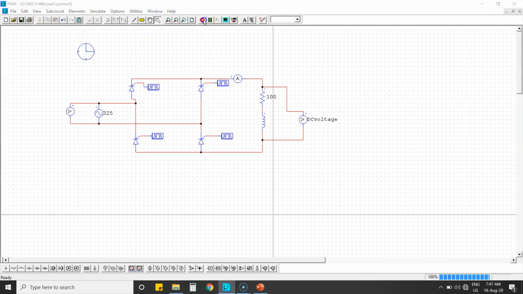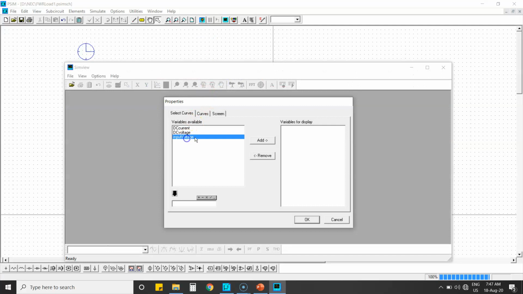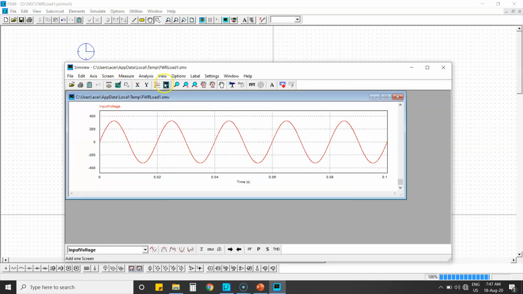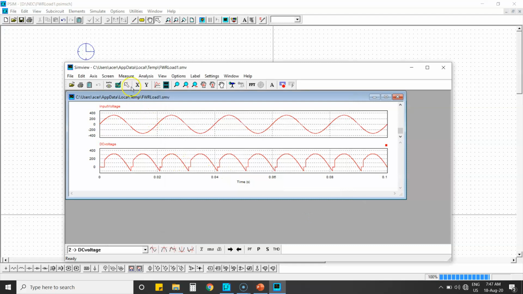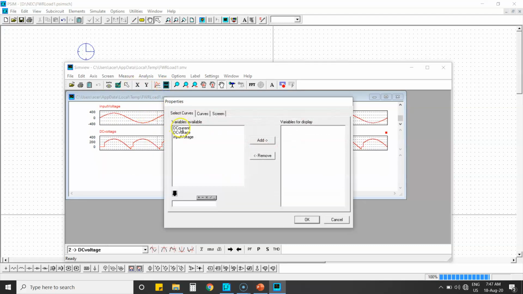run the simulation. So your input voltage, so DC voltage, then finally your DC current.